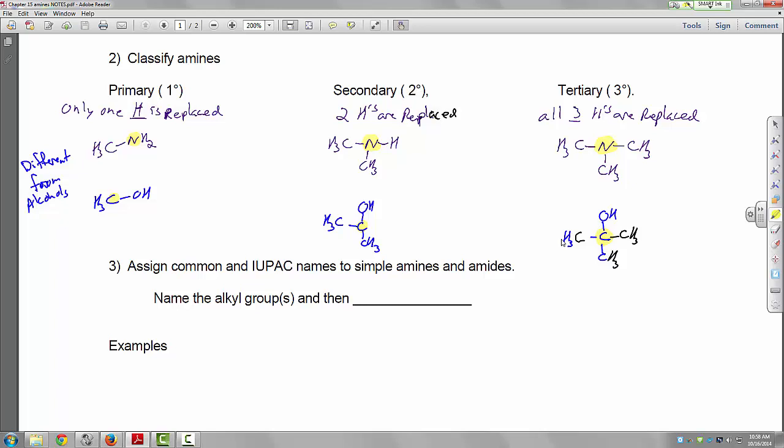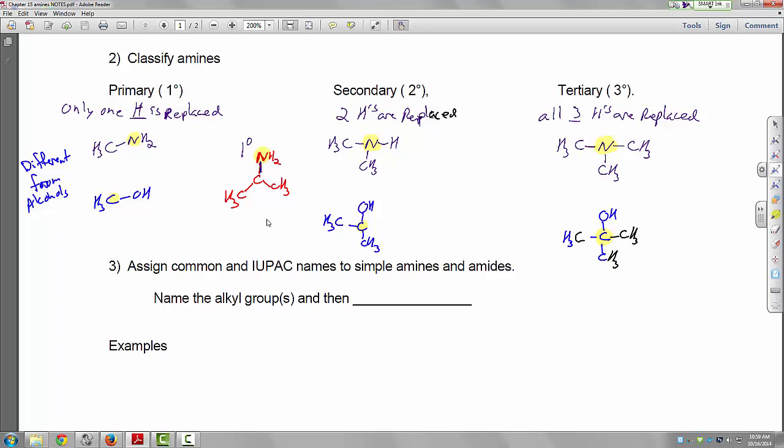So if we look at this compound here, is this a primary, secondary, or tertiary amine? Well, granted this carbon is a secondary carbon because it has two carbon-carbon bonds. We are still looking at the nitrogen, and there is only one carbon-nitrogen bond. Highlight that one here, right? So this is primary, not secondary.